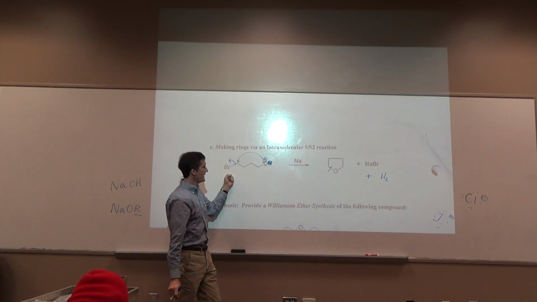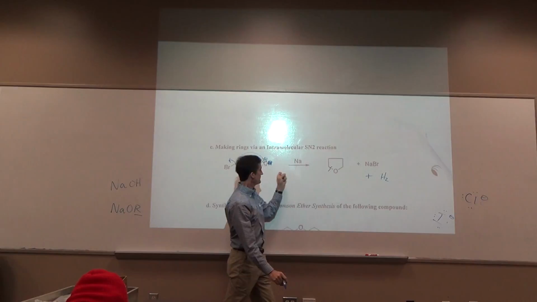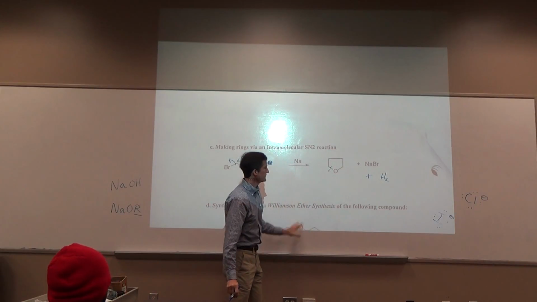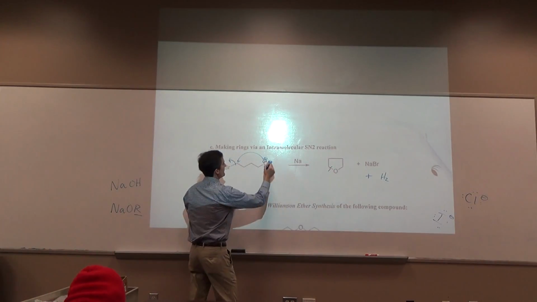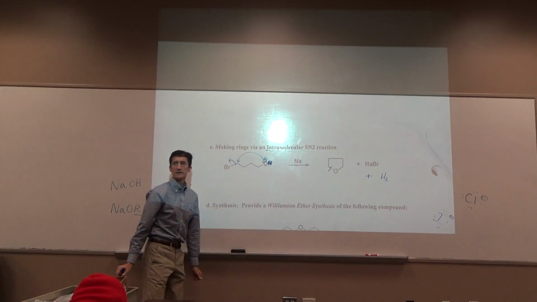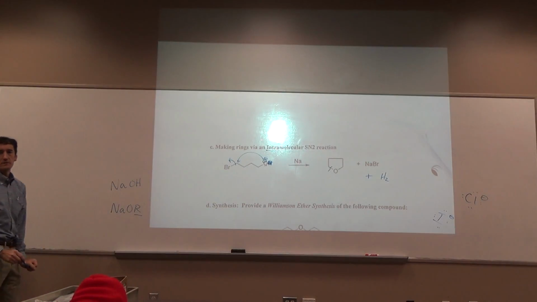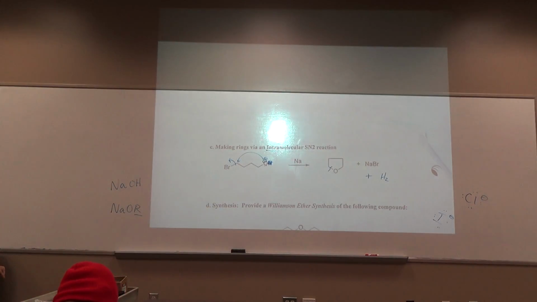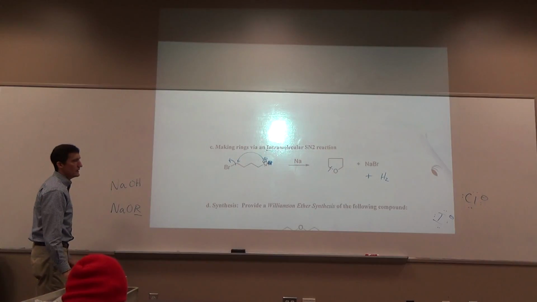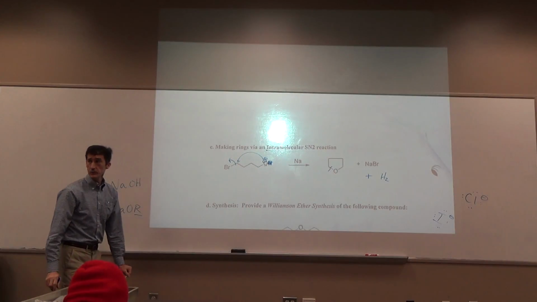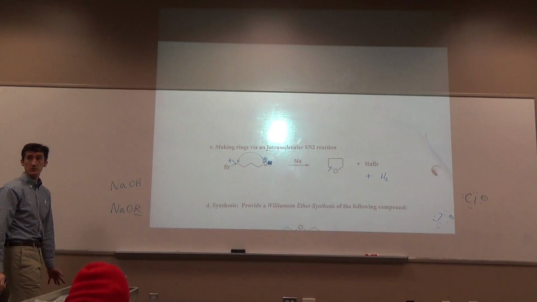We produce Br minus, but the Br minus can sit with the sodium plus, and we also generate hydrogen. But we can make this ring by an intramolecular SN2. Does that look straightforward? Just an intramolecular version.